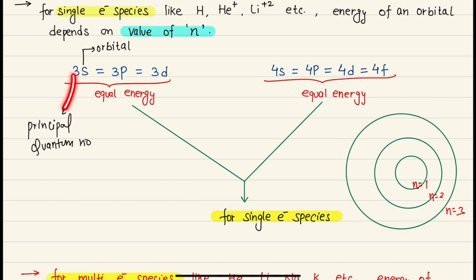So the alphabet represents the orbital and the number represents the principal quantum number.